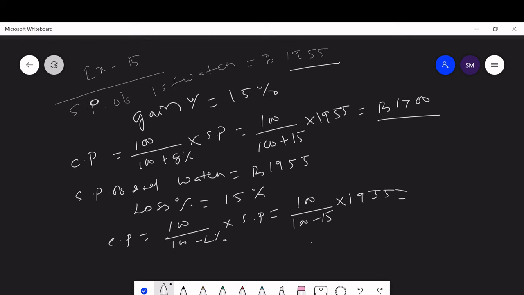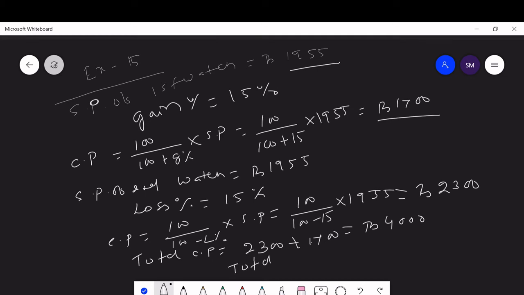By solving this we get the CP of the watch is 2300. Then total CP is equal to 2300 plus 1700, which is equal to 4000.